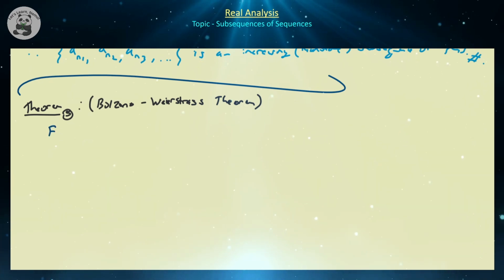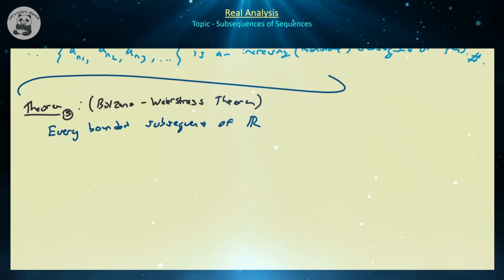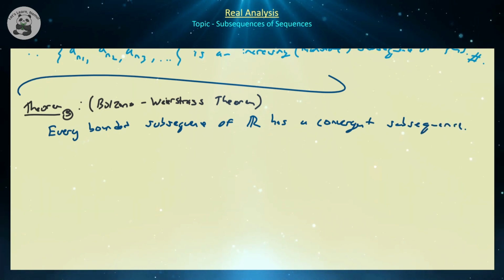It says that every bounded sequence of real numbers has a convergent subsequence. So even if that sequence is divergent, it always has a subsequence that does converge, right?